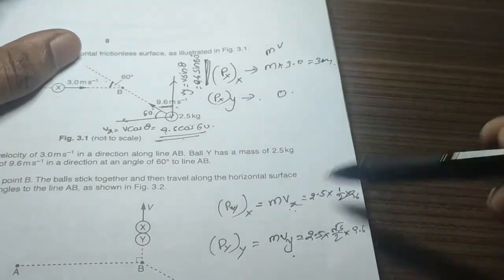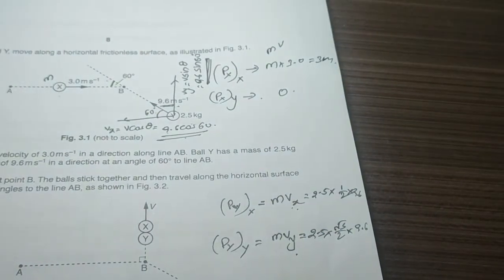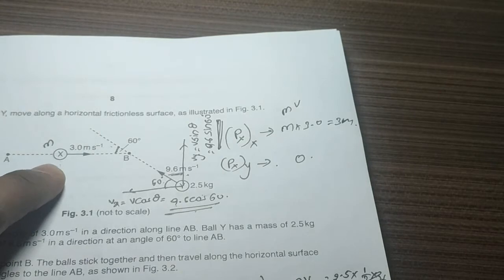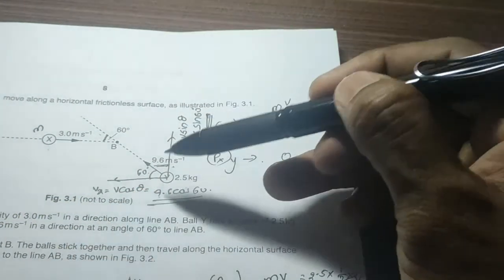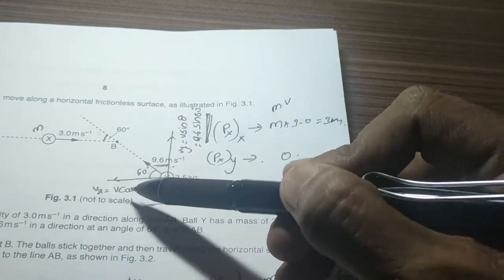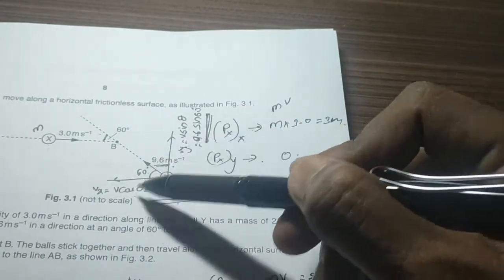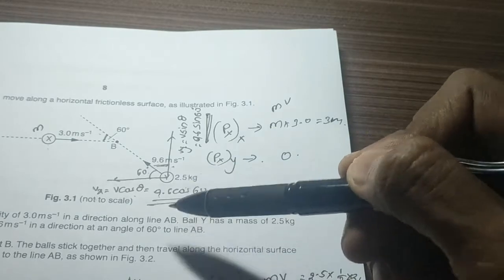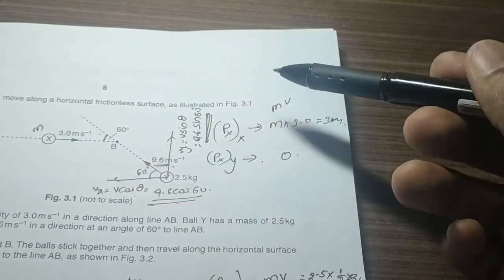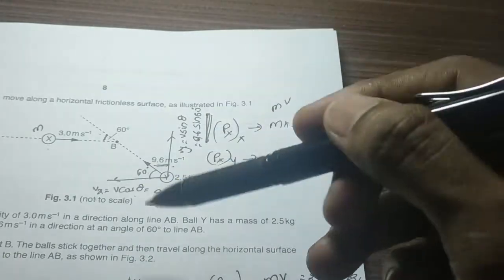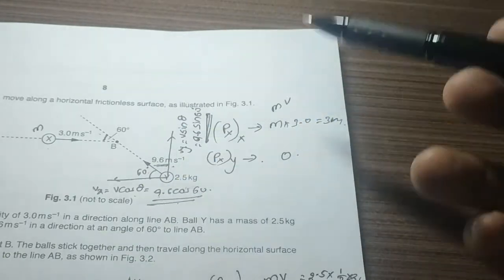Okay, this is the background information that you need to know before you solve. Whenever there is an object which is moving at a certain angle to the horizontal, you should be able to resolve the components of the velocity. Once you know the components of velocity along the x-axis and y-axis, you can calculate the momentum along the x-axis and y-axis by multiplying the mass to that.